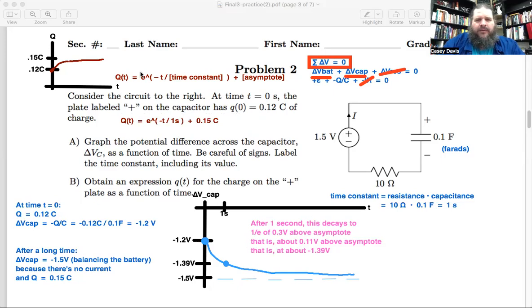However, we also need one more modification, because the e to the power of negative t over time constant, if you fill in 0, you're going to get 1 plus the asymptote. And we don't want the value to be 1 away from the asymptote. We want it to be specifically how far below the asymptote.